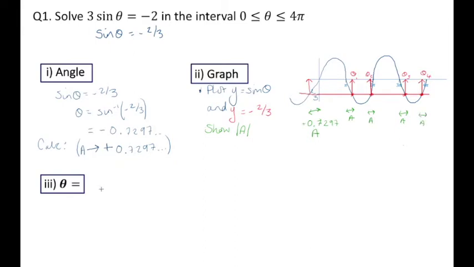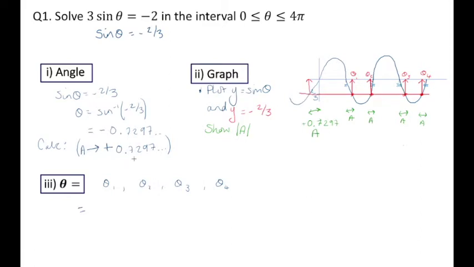Our third step, theta equals, well, we know we've got 4 values, so I'm going to write those in because I want to make sure I'm not creating extra answers, because obviously there's going to be an infinite amount of answers here, but we're only interested in 4 because those are what are in our domain.